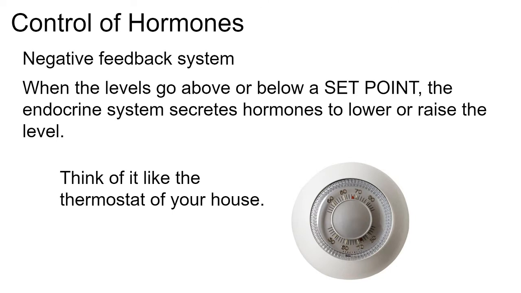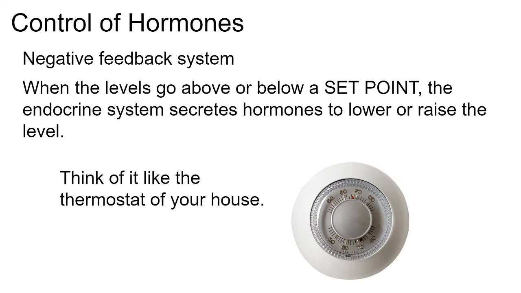Or opposite in the summer, where it's set at 75 degrees and it's 80 degrees in your house, so it's too warm. The AC kicks on, bringing it back down to where it's supposed to be. That is a negative feedback system or loop.